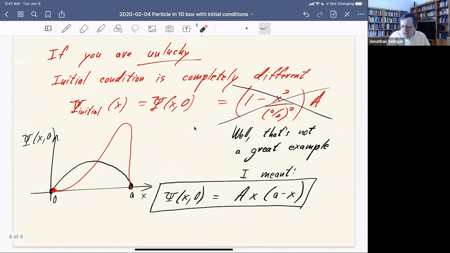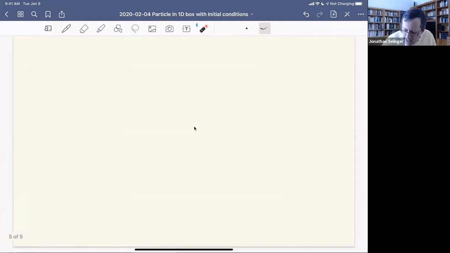So it's not a sum of sines, but is there any way we could express it as a sum of sines? This might remind you of something that you've seen in math classes, okay? And what it might remind you of is the idea of a Fourier series.